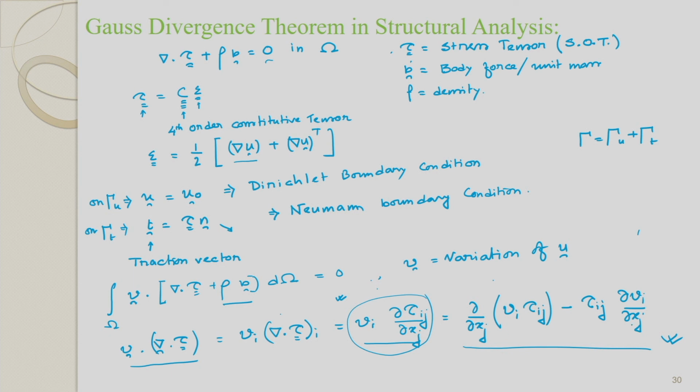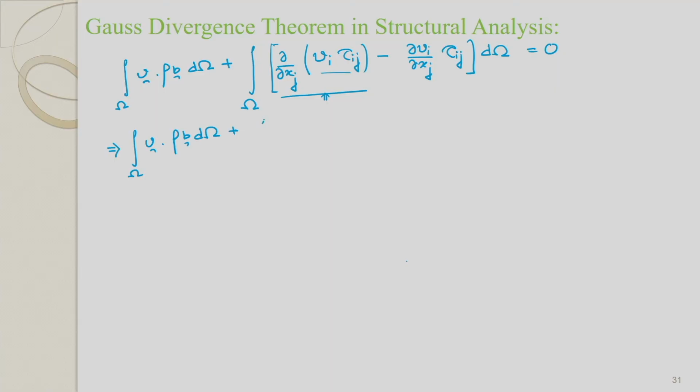So, we have used the product rule so that we get this term where we can apply Gauss divergence theorem. So, Vi tau ij nj d gamma. In this step we are using Gauss divergence theorem, and the remaining term can be written as it is. Now, this is our boundary term.